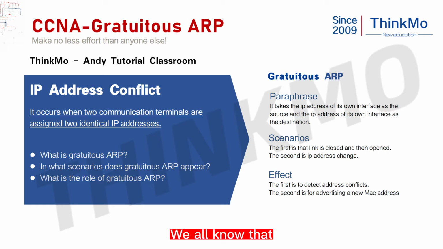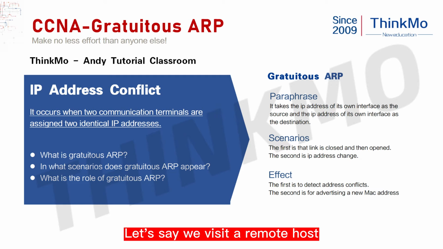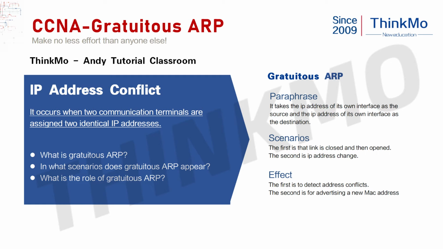We all know that for network devices, the IP address must be configured on the interface. Let's say we visit a remote host. This IP address, let's call it the source IP address. The IP address on the far end, let's call it the destination IP address.